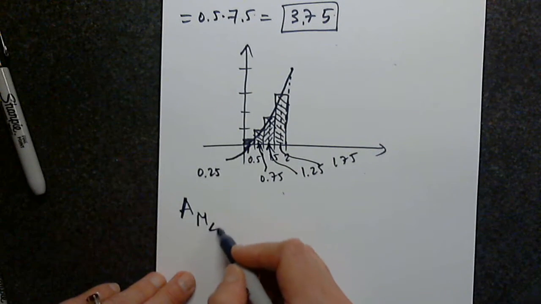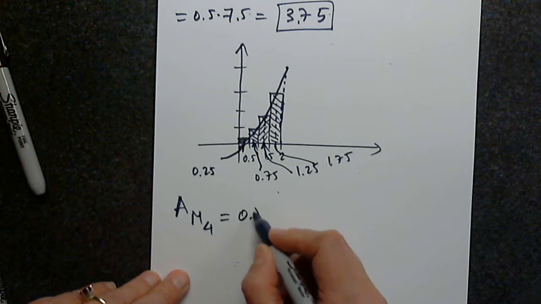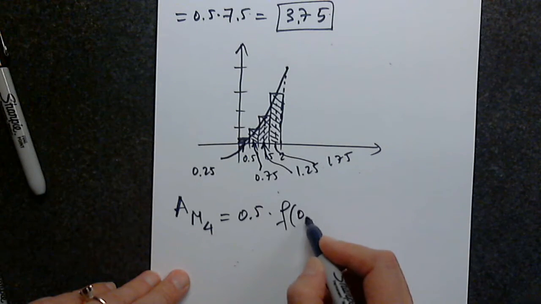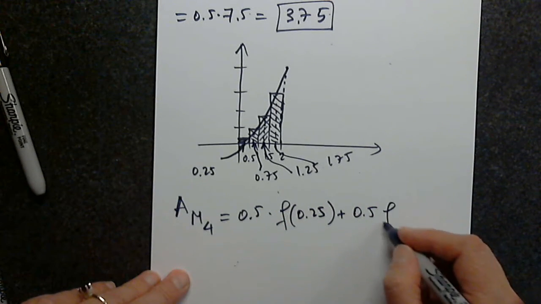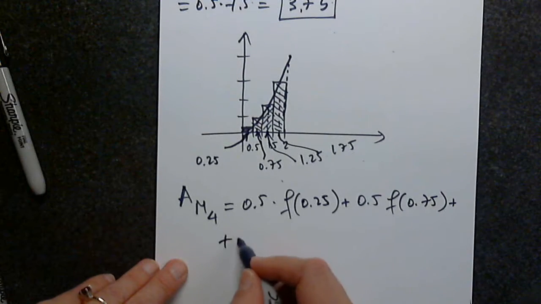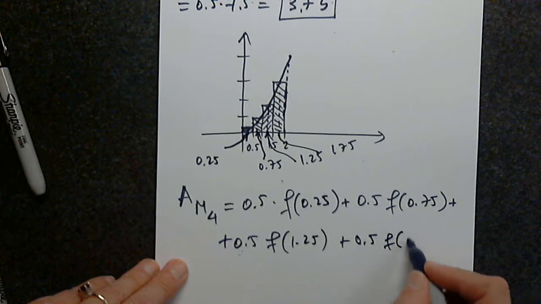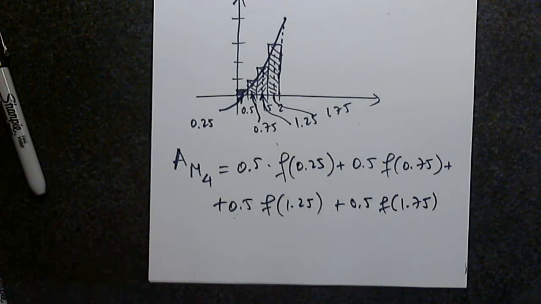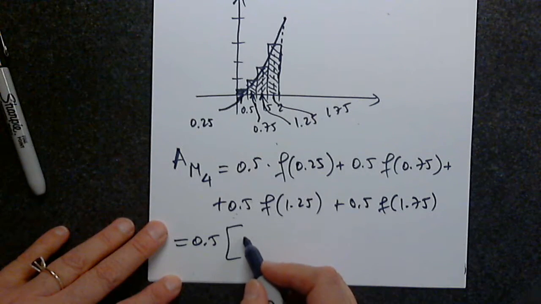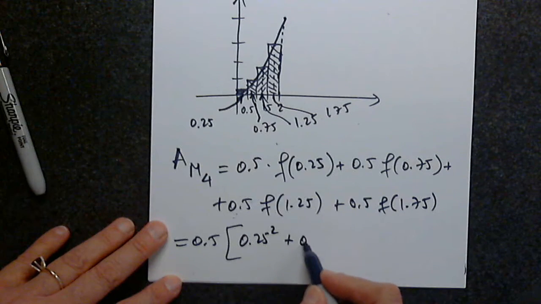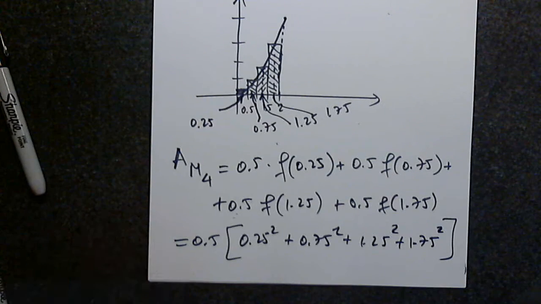So the area with mid 4 will be still 0.5 multiplied by f of 0.25 plus still 0.5 base times height multiplied by f of 0.75 plus 0.5 times f of 1.25 and plus 0.5 times f of 1.75. Again, I will pull out 0.5 because it's the same in all. And then I have 0.25 squared plus 0.75 squared plus 1.25 squared plus 1.75 squared.